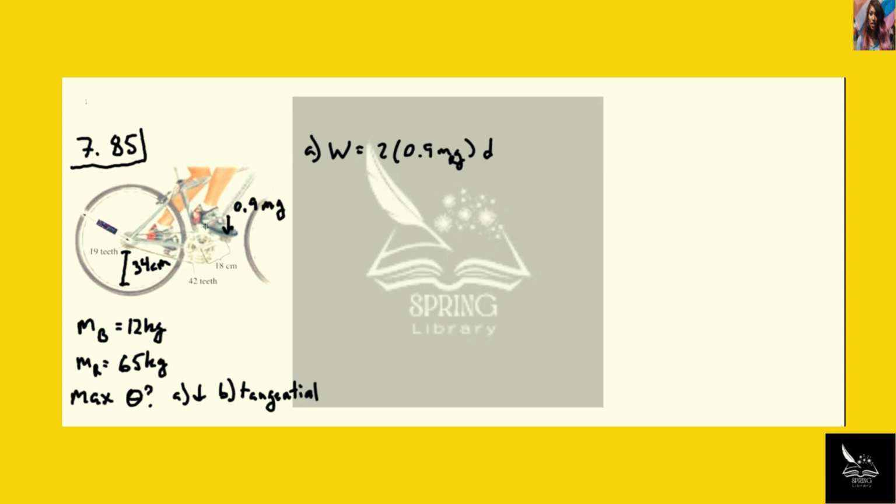It's the diameter because the force is directed downward, so the component of the displacement that's parallel to it is the diameter. And there's the factor of 2, because in one revolution one foot moves half a revolution, and then the other foot moves the other half. So you get 2 of these per revolution of the pedals.